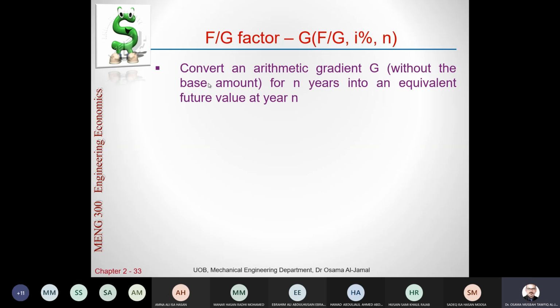It doesn't mean that we're not going to add the base amount, just that it shows the factor and the formula.